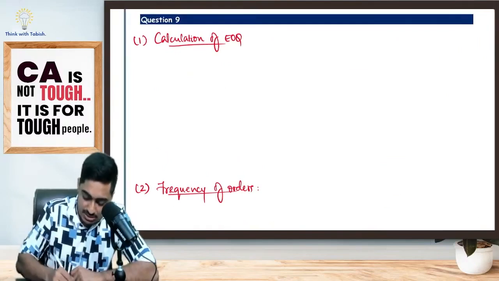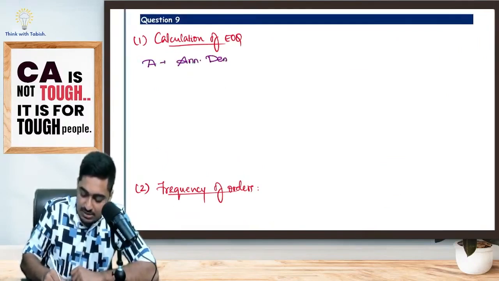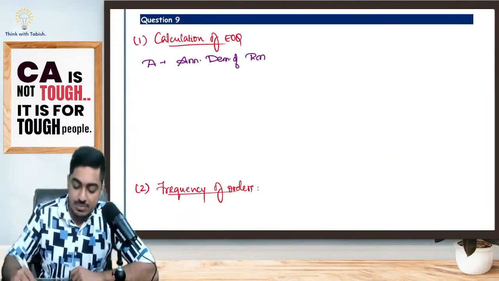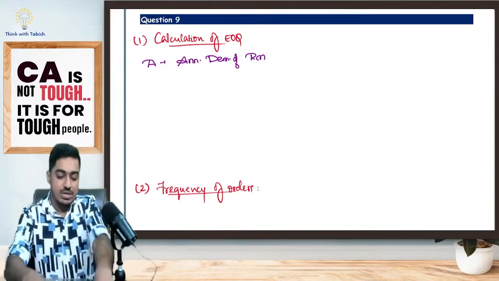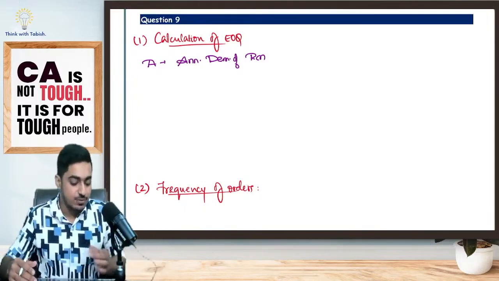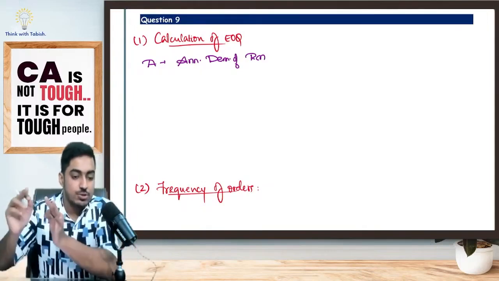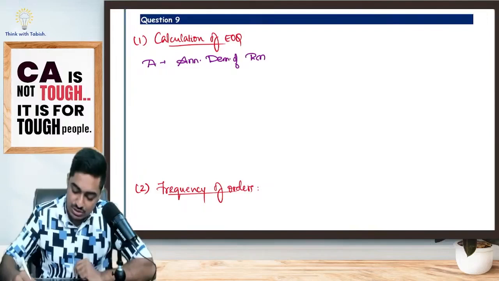Pay attention. I want A. What is A, students? It is the annual demand of raw material. Tell me, how do I calculate the annual demand of raw material? If you see the last line of the question, the annual production of toys is 60,000 units.